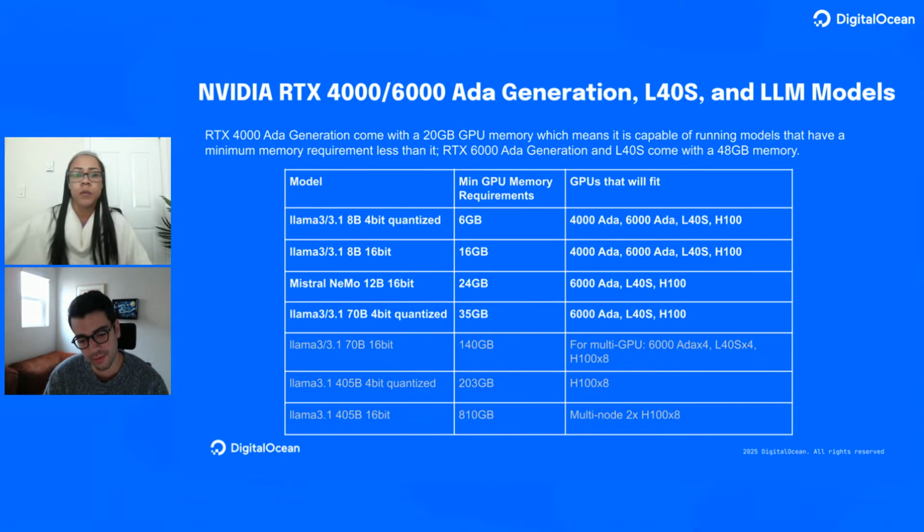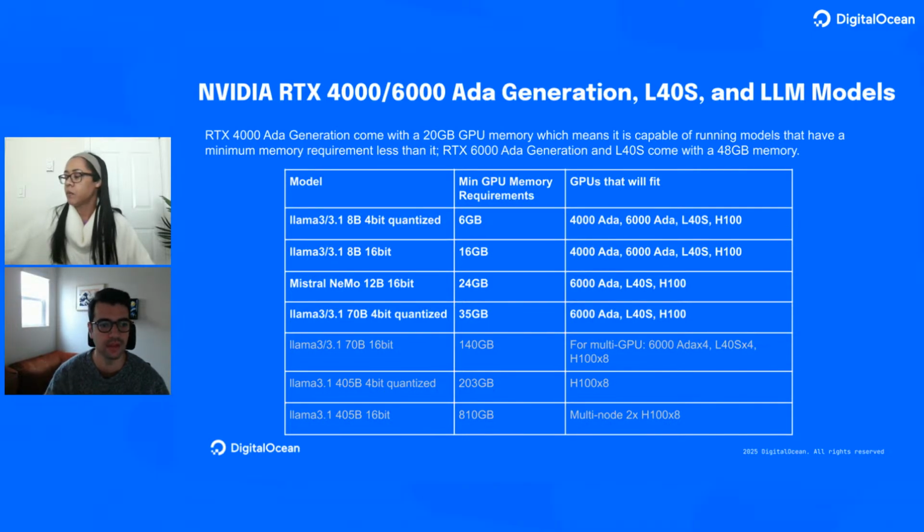So as we covered in the previous slides, models that have low GPU memory requirements up to 20 gigs, such as Llama 3 and 3.1, the 8 billion parameter models, you can pretty much use all of our GPU offerings to run these models. So you don't really need an H100. You can go with one of these cheaper options.